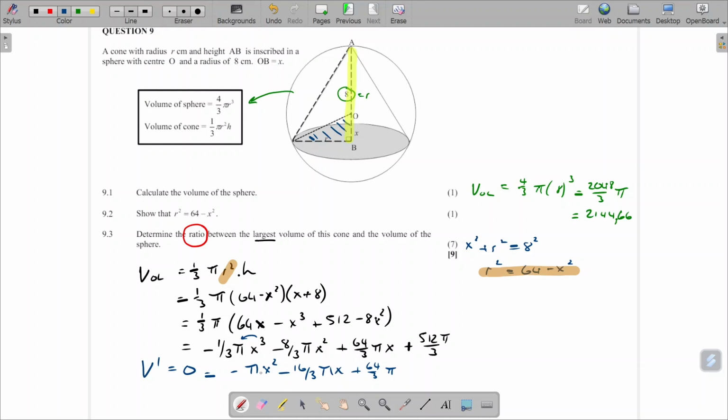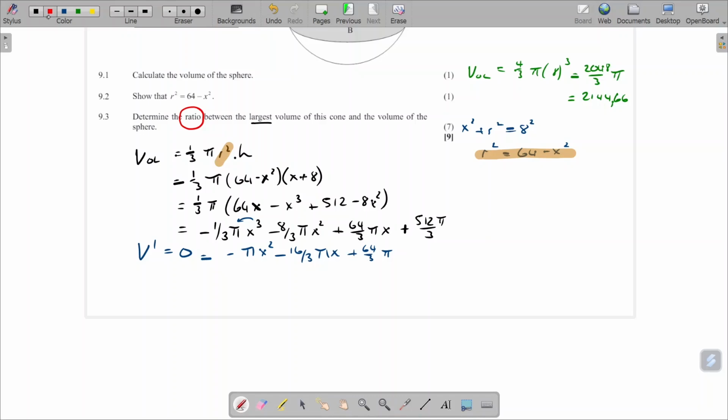Now we can divide through by the pi, so I'm going to create some space here to keep working. As you can see, this is a 7-mark question. It's meant to be quite difficult. So I'm going to divide through by minus pi.